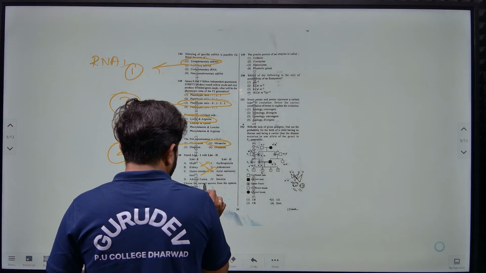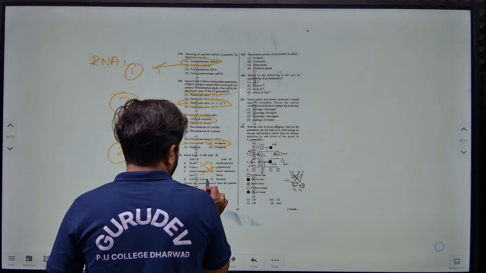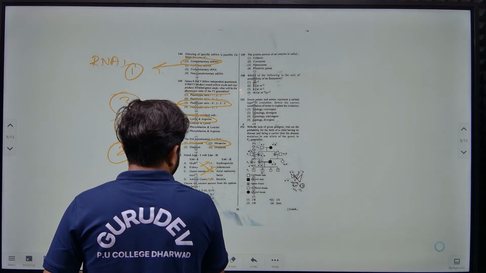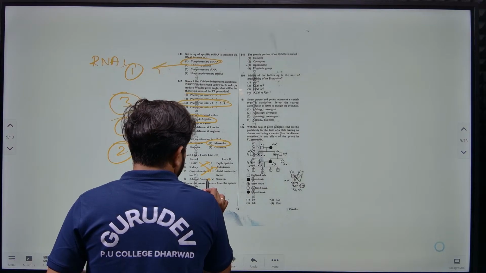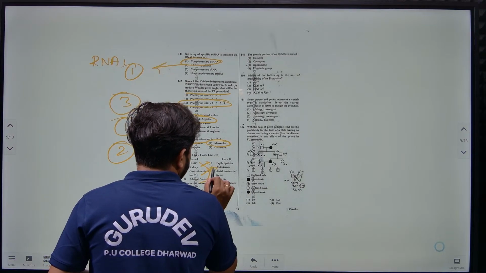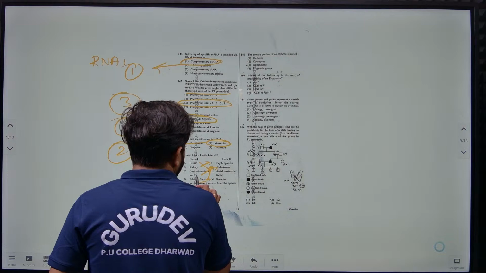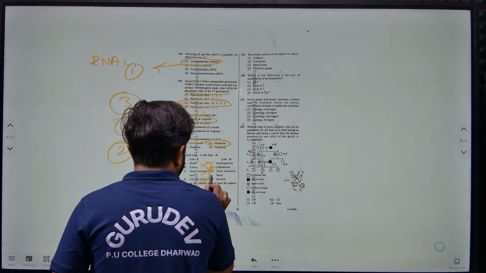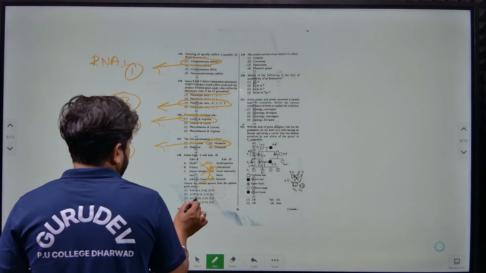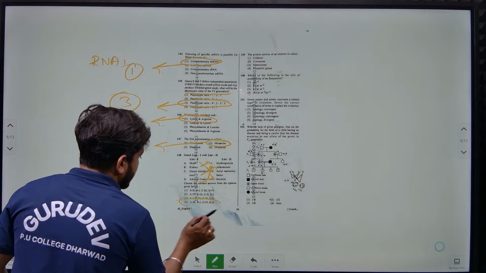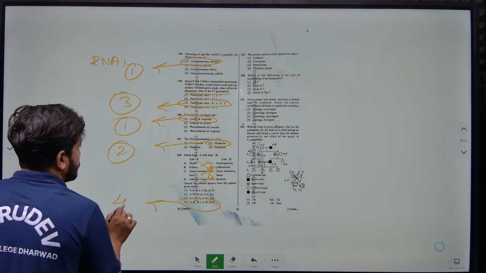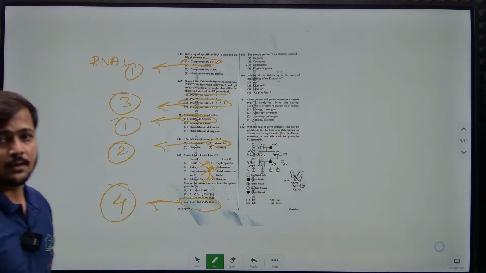Then adrenal cortex is related with aldosterone. So according to that, option 4 is correct, right?